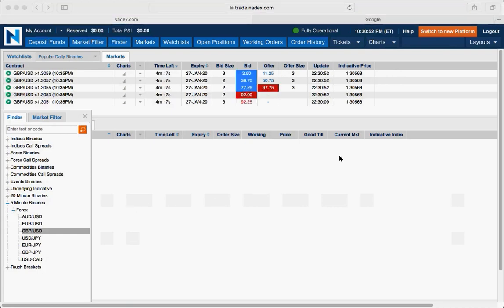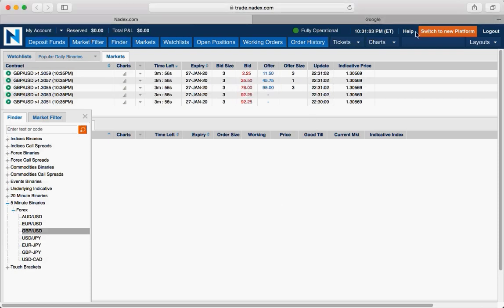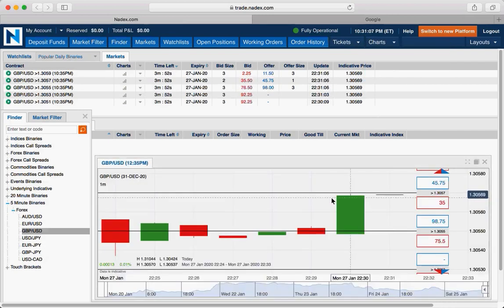All right, let me come over to the chat real quick. My question is, how do you get the chart to show up on the bottom of the screen? You mean where the chart is here, like this?